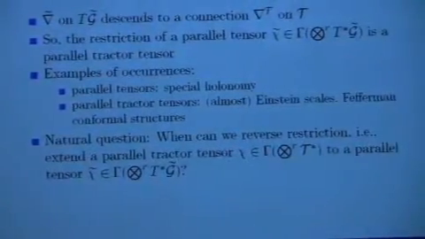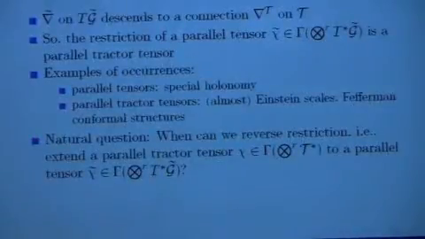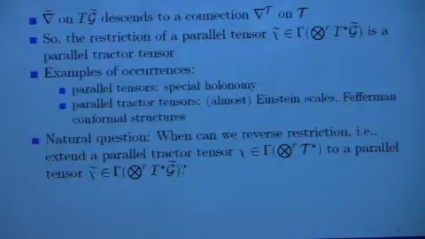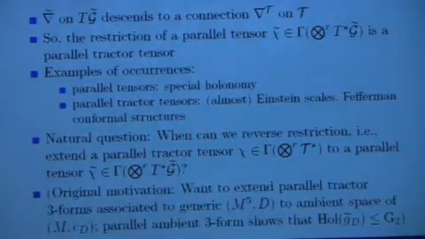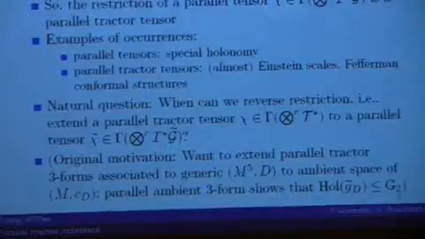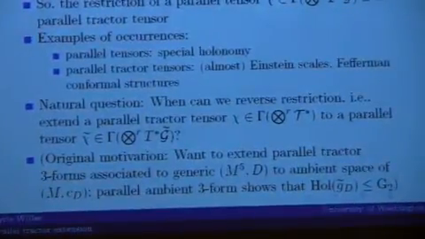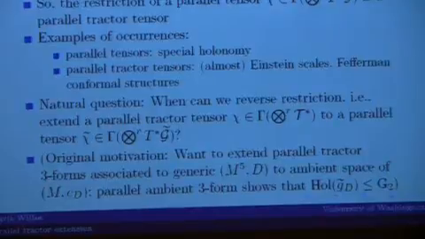So there's a natural question here. When can we reverse this restriction? That is, when can we start out with a parallel tractor and produce a parallel tensor on the ambient manifold? The original motivation for this project was not tractor extension in this generality, but a very specific case.